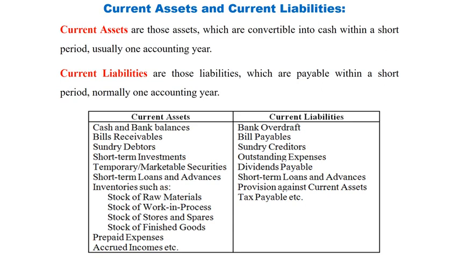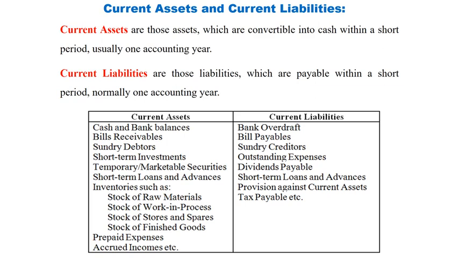Temporary or marketable securities, short-term loans and advances given by the concern to outsiders. Inventories like raw materials, work in progress, stores and spares, finished goods. These take much time to be converted into cash because they have to be sold in the market.